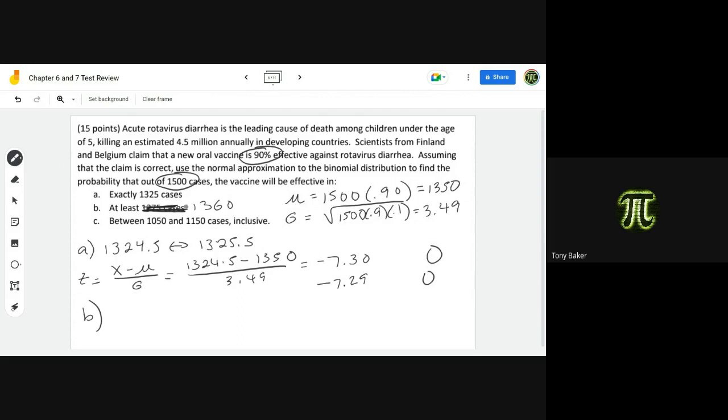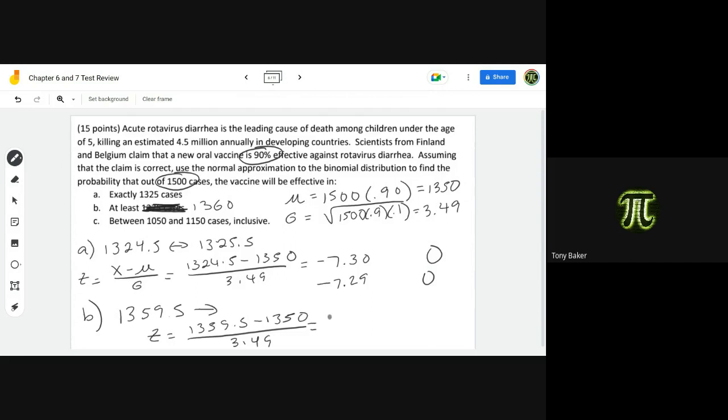All right. So this one says at least 1360. So that means we're going which direction? Are we going below 1360 or above 1360? Above. So when I'm looking for my number, I'm going to do 1359.5 and up. So my Z is going to be 1359.5 minus 1350 divided by 3.49.